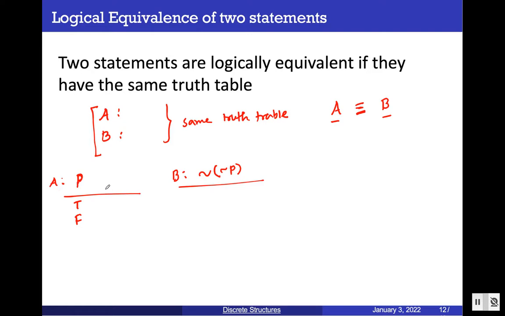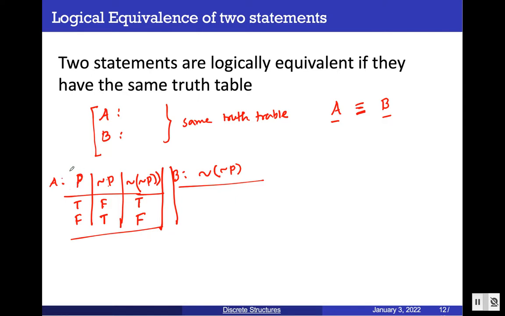So for P, not P will be false, and for not P, not of this not P will be true. False becomes true, true becomes false.